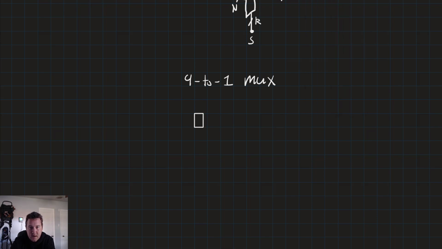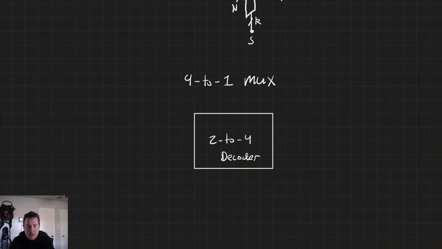That means if n is equal to 4, then we're going to need a 2-to-4 decoder, which will take 2 bits of input, S0 and S1, and it will produce 4 bits of output. Remember, those correspond to S0 naught S1 naught, S0 naught S1, S0 S1 naught, S0 S1.